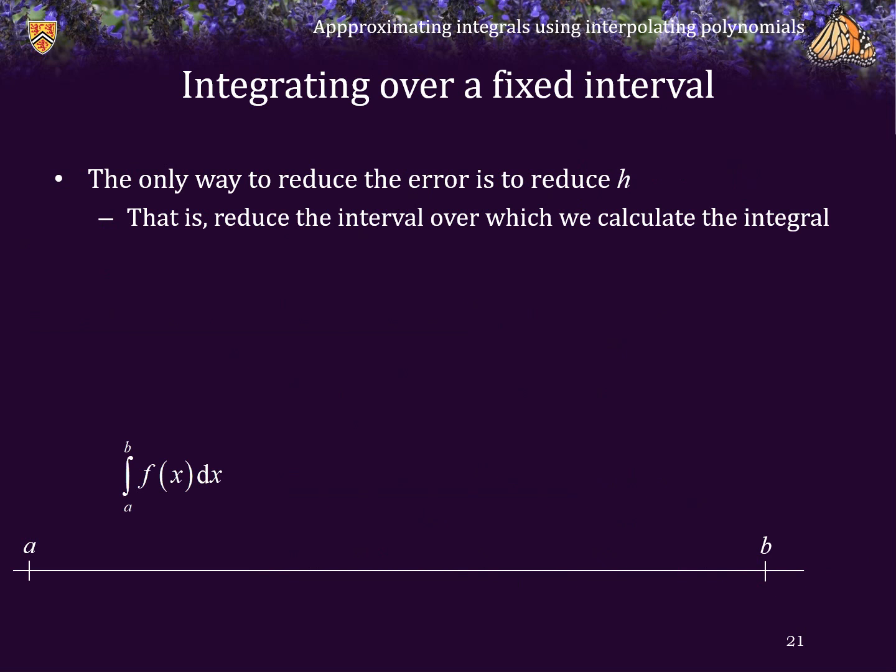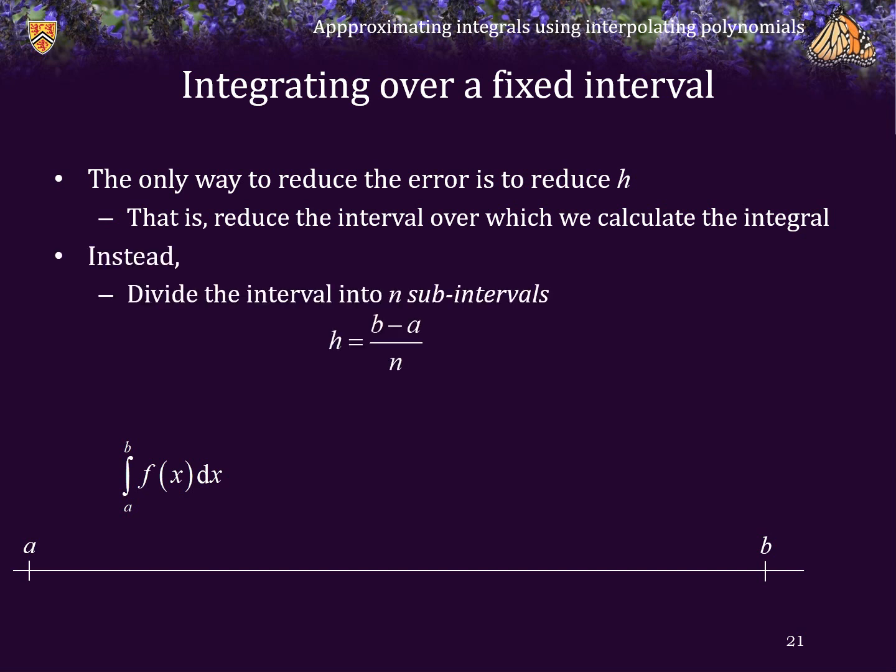Now suppose we're not integrating over a very small interval, but the only way to reduce the error is to reduce the value of h. Well, that's not going to work if we want to integrate from, say, 0 to 10. Instead, we're going to divide the interval into n subintervals.